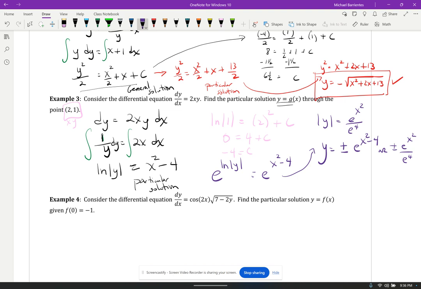Wait, is it both plus or minus? Well, if I go back to my initial condition, my y is positive. If it's positive, then it cannot be the negative version. So then this or this would be the answer. Can I test it? Sure.